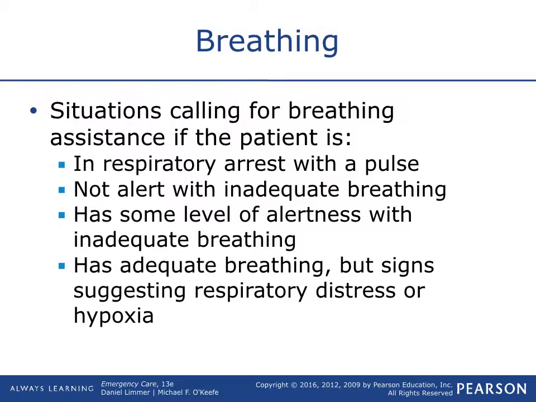We've got to get them breathing, but it may be different than a non-rebreather. You'll know in that situation whether they need a BVM or something more severe. Or they have adequate breathing, but signs suggesting respiratory distress or hypoxia. So their breathing's okay, but they're still going hypoxic. What's going on there, and how can we help?